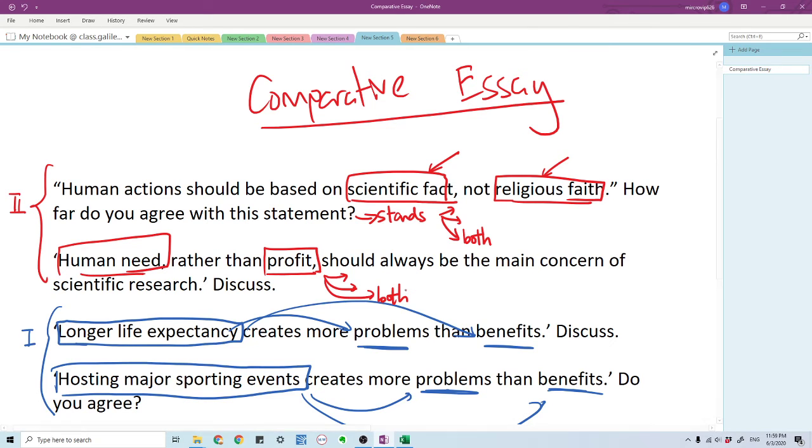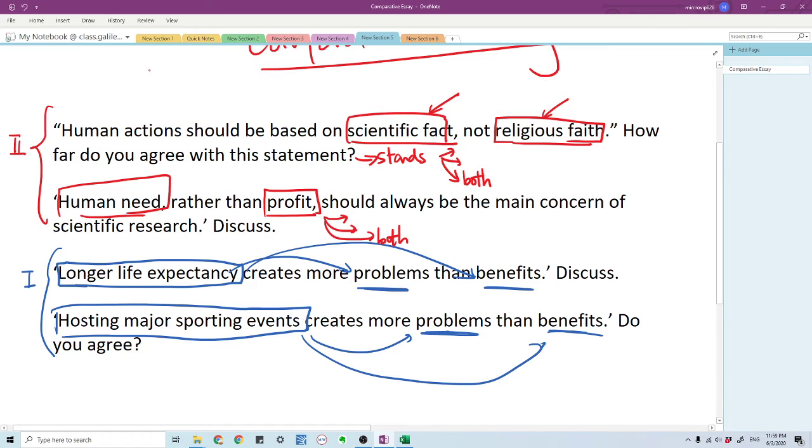However, if you look at type 1, type 1 doesn't allow for this third stand. It's just not possible. Look at this: longer life expectancy creates more problems than benefits. It's almost like me asking you, do you like or hate apples? It would be weird for you to say, I like apples as much as I hate them.